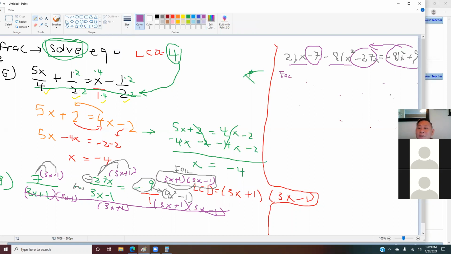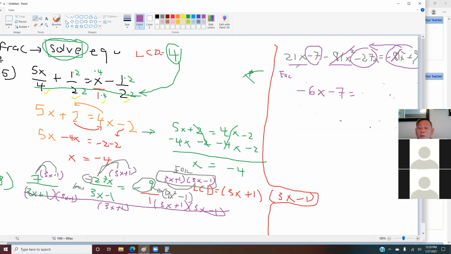So like terms, the 81x squared and 81x squared will cancel, because when you add them up, they will cancel out. So what you have in this case is 21x minus 27x, that will be negative 6x minus 7.